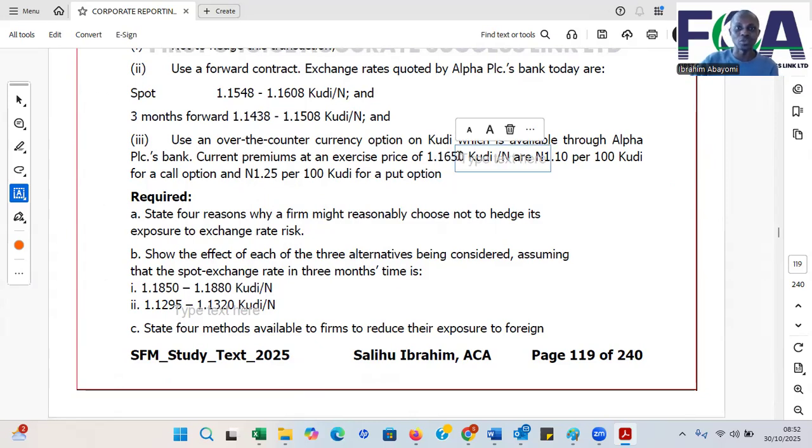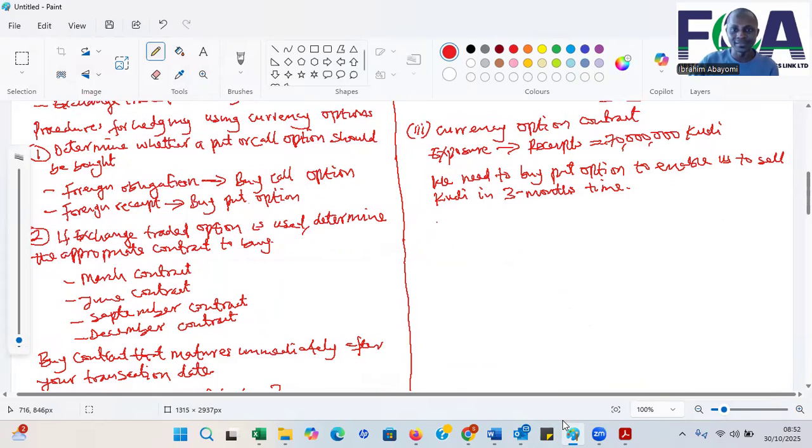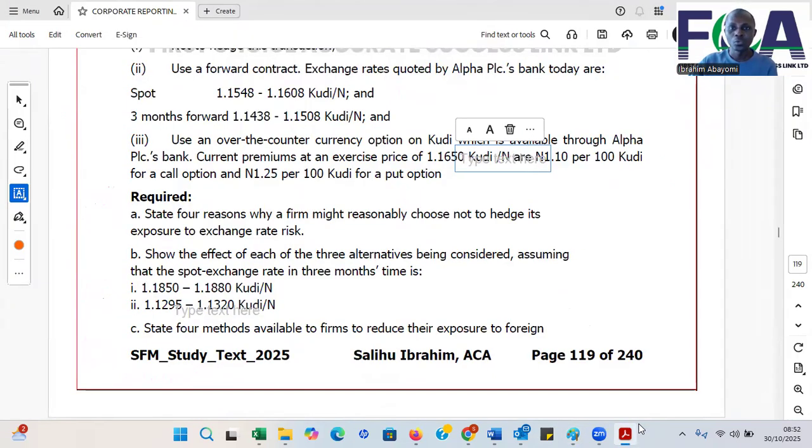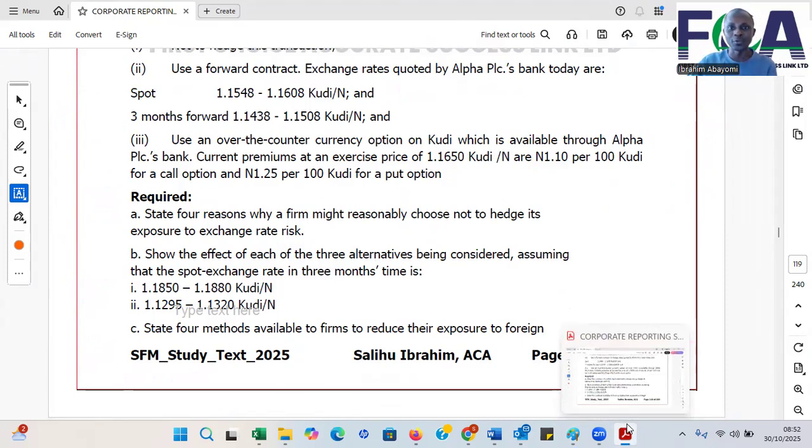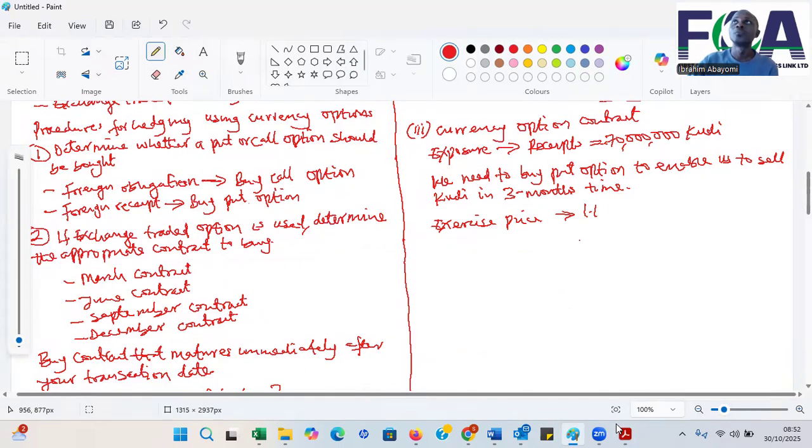So our exercise price is what? 1.165. That's our exercise price.